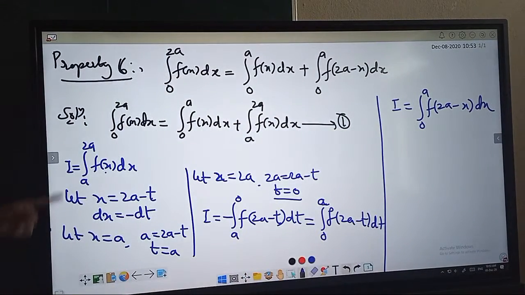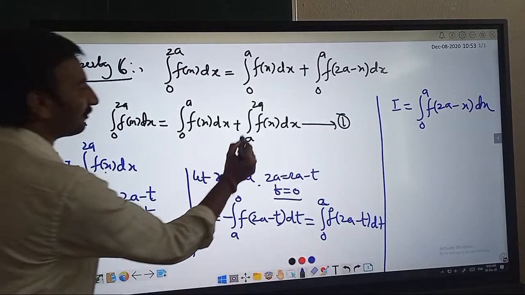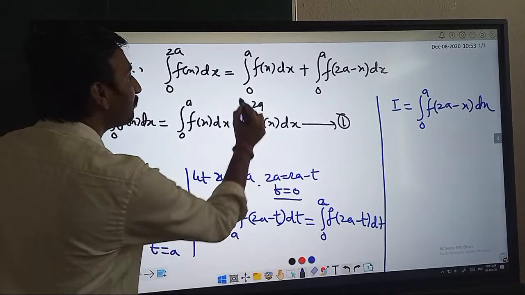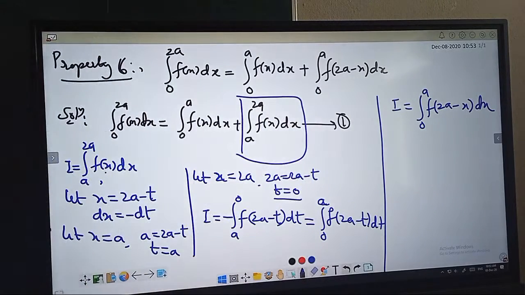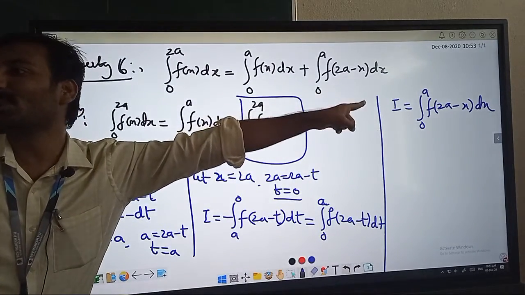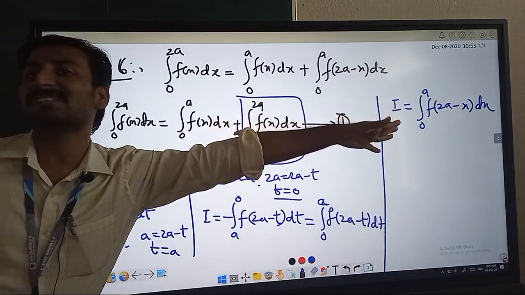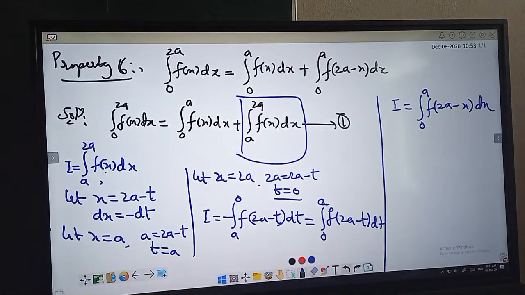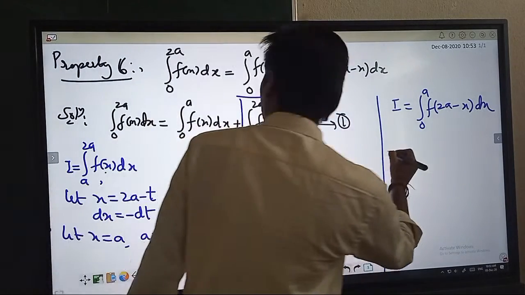So in equation 1, this part we can replace with integral from 0 to a of f of 2a minus x dx. Now the thing is over.